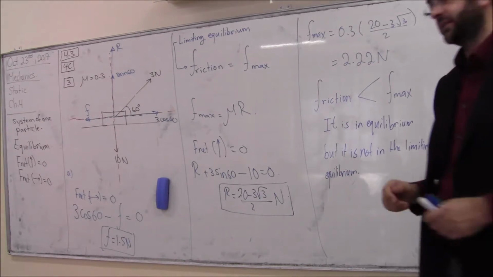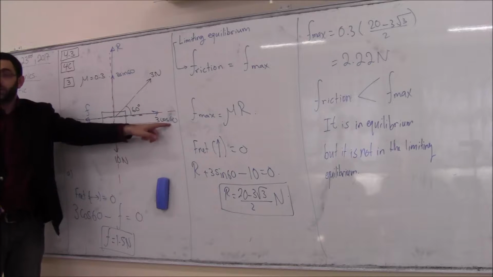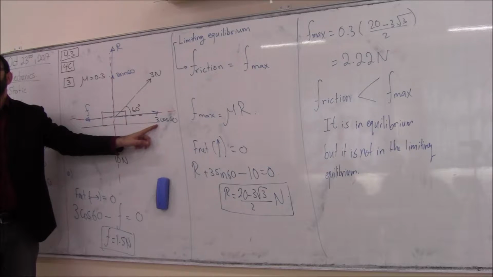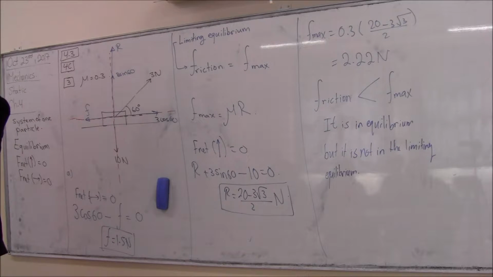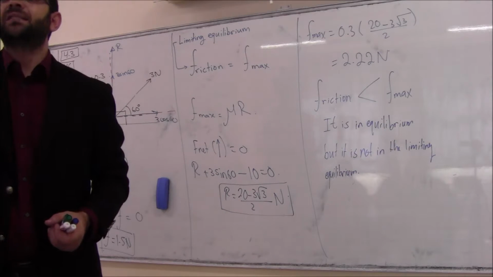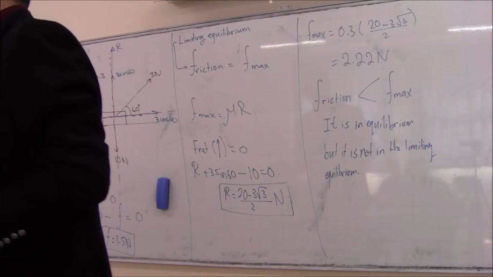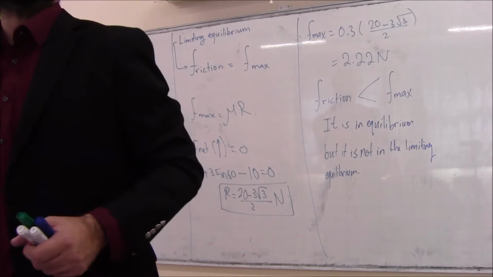Pay attention here. Look, this is the applied force. If it's in limiting equilibrium, any extremely small change in the applied force and the object will move. In other words, the object is at the point of moving.